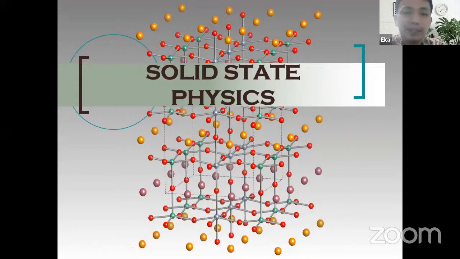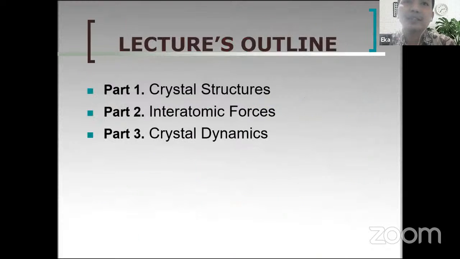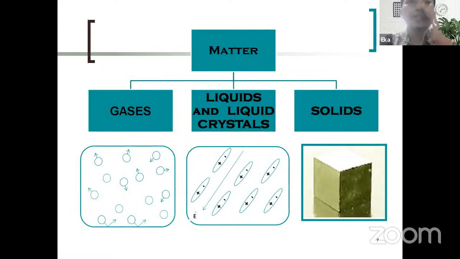Okay, now we continue here. Solid state physics, material. Crystal structures, as we know, have specific properties: gases, liquid, and solid depend on the density of atoms placed on the site, or we call it lattice.